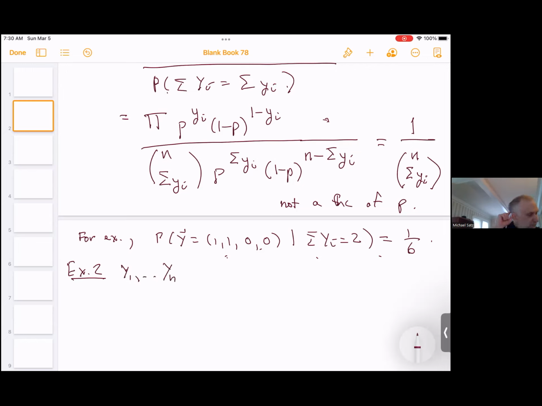So suppose I have y1 to yn iid, we'll just go back and forth with the vector and the list like that, Poisson lambda. Then again, it's the same statistic, the sum of yi, which is sufficient for lambda.